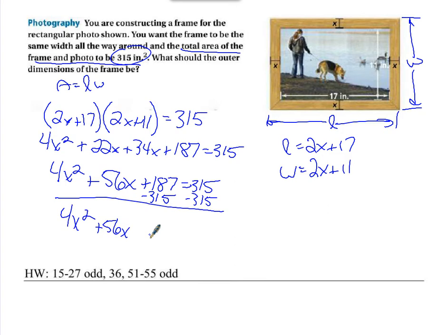What is 187 minus 315? Negative what? 128? Okay, I can buy that. Equals 0. Now what?